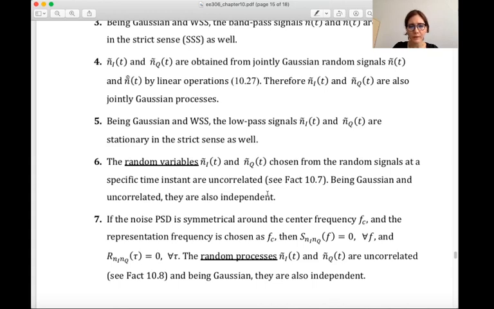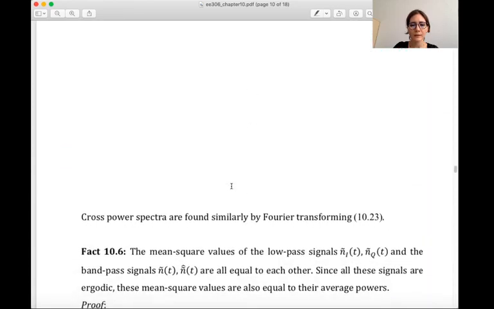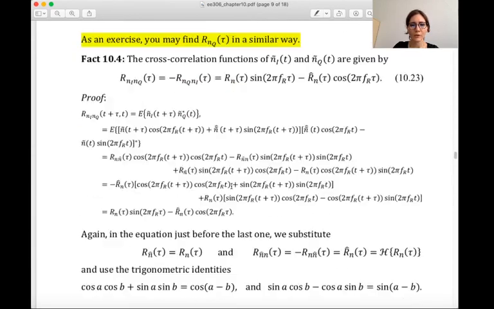So let's look at what these things imply also about uncorrelatedness and independence. First of all, let's look at these as random variables. Remember, fix any time instant t. Take this random variable Ni of t and take Nq of t. Remember, at some point we studied what their correlation situation is.